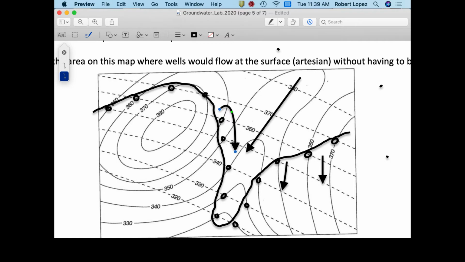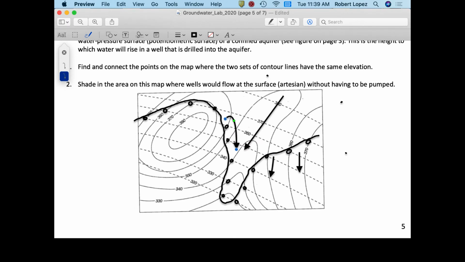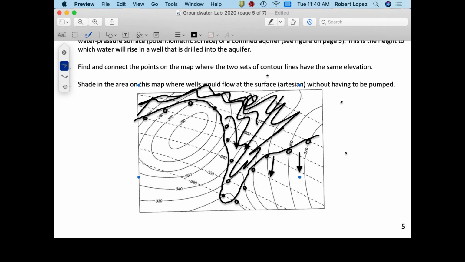It wants me to shade in the area of the map where wells would flow at the surface, right? Since these are higher elevations over here, you would probably want to shade in this upper area over here, because water is going to be flowing out of there in that direction and then flowing down into the hill.